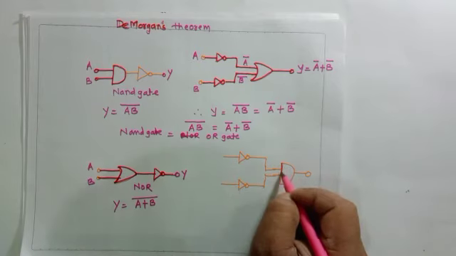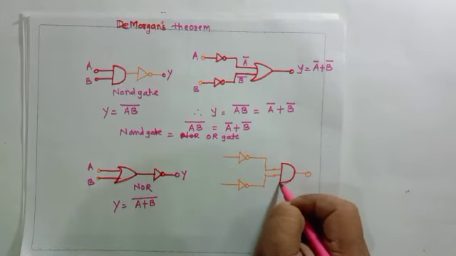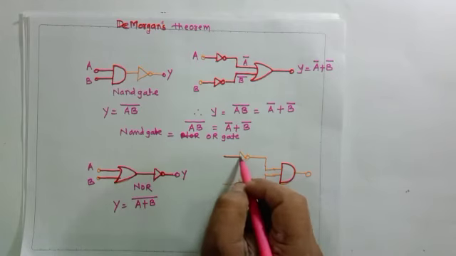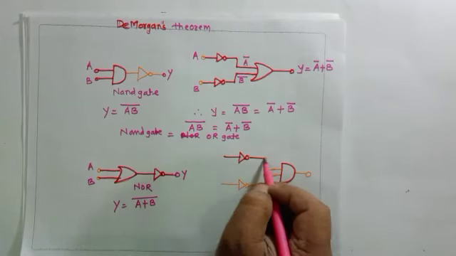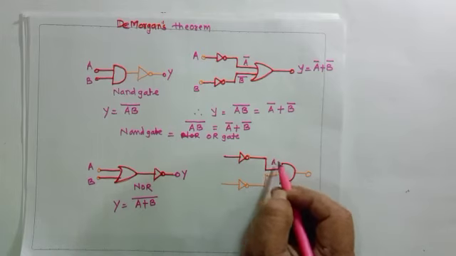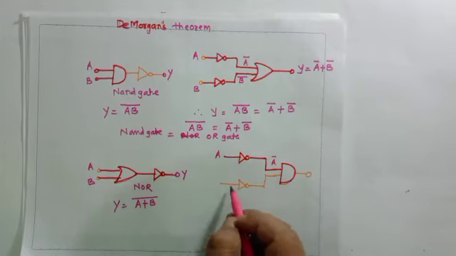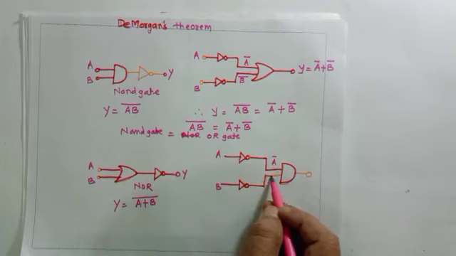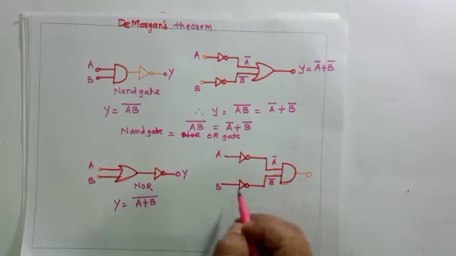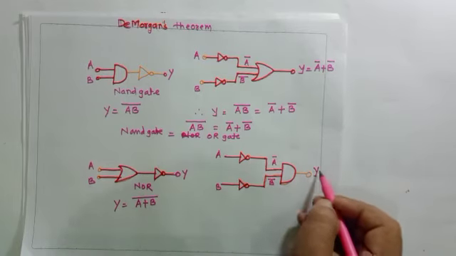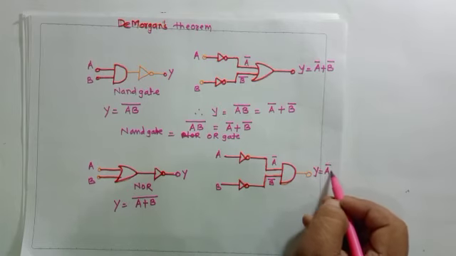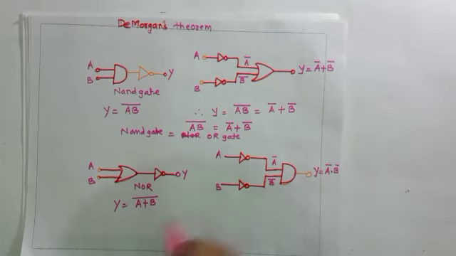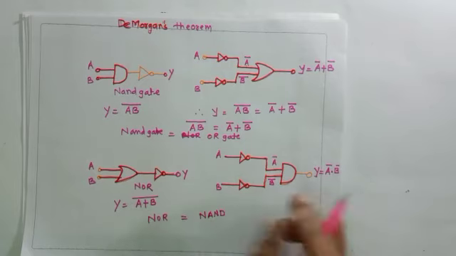But here, if an AND gate is used whose inputs are connected to NOT gates, it has the input complement of A, and another input connected to a NOT gate has the input complement of B. So the output will be complement A and complement B, meaning the NOR gate and this circuit have the same output.